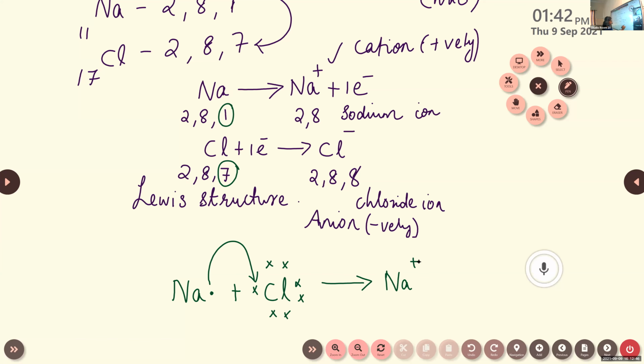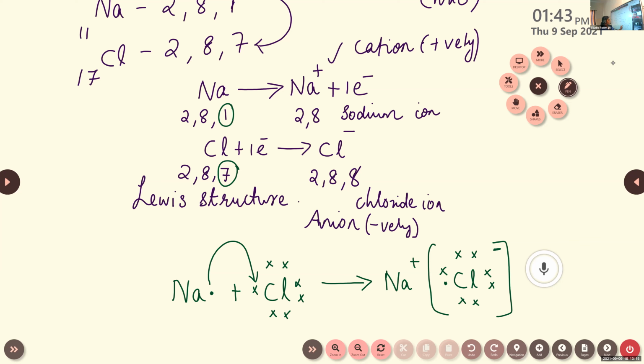Then the remaining chlorine already has 7 electrons. Then 1 more electron is added from sodium, so it will become 8. Cl minus. So this is the Lewis structure for the formation of sodium chloride from sodium and chlorine.